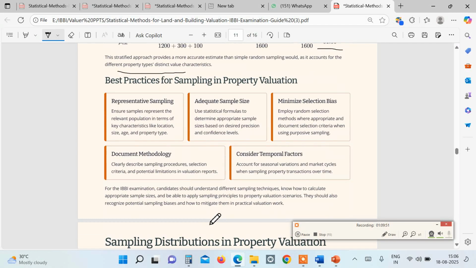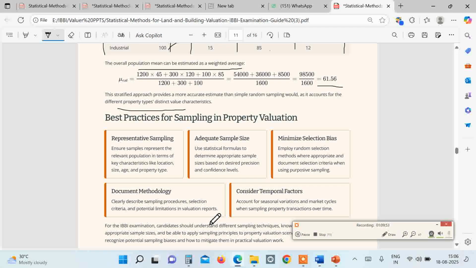So while you are using this, what are the best practices for sampling in property evaluation? First, you should have representative sampling. Ensure samples represent the relevant population in terms of key characteristics like location, size, age, and property type.